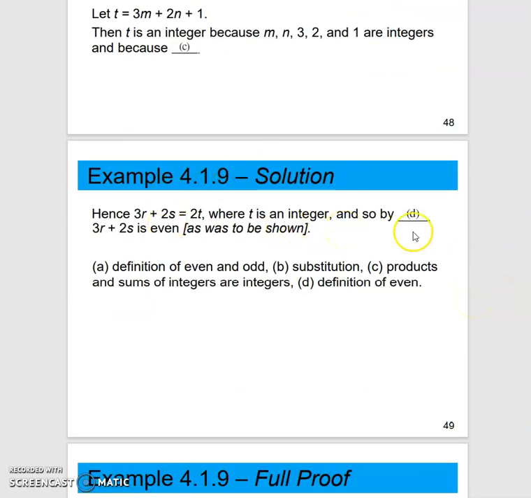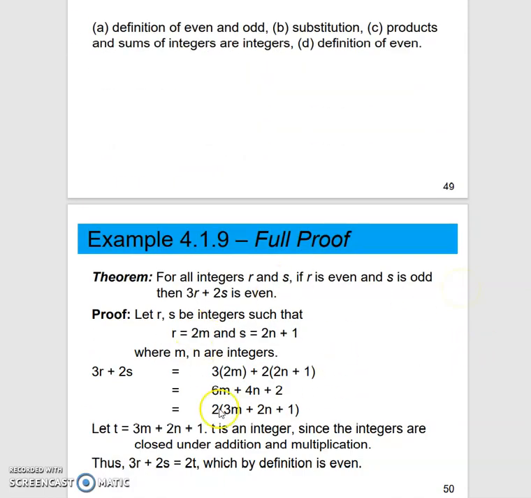And finally, that final statement, we've got 2 times an integer. That is our definition of an even number. And again, there's how I would write that proof out, all put together with all of our steps in there. And that is everything in section 4.1.